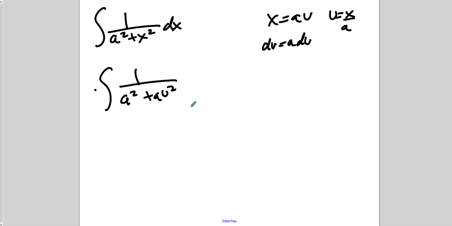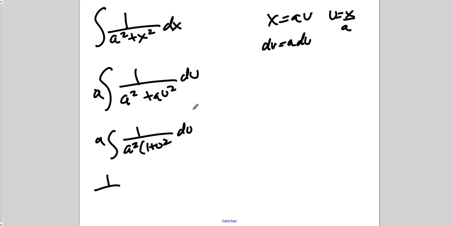Okay, so we have a times 1 over a squared plus a squared u squared, and then when we factor out the a squared, we have 1 plus u squared, and we still have the a there on the outside. But now we still have a 1 over a left over.